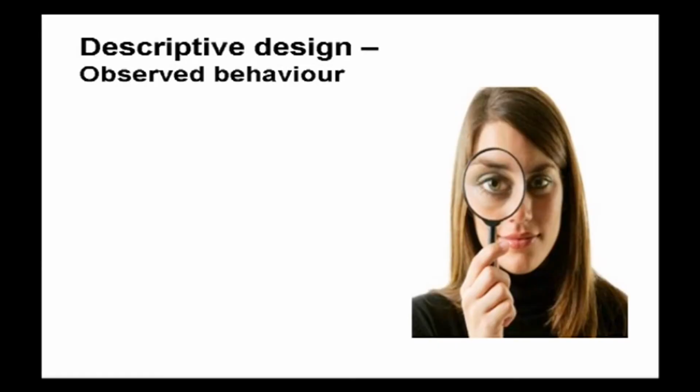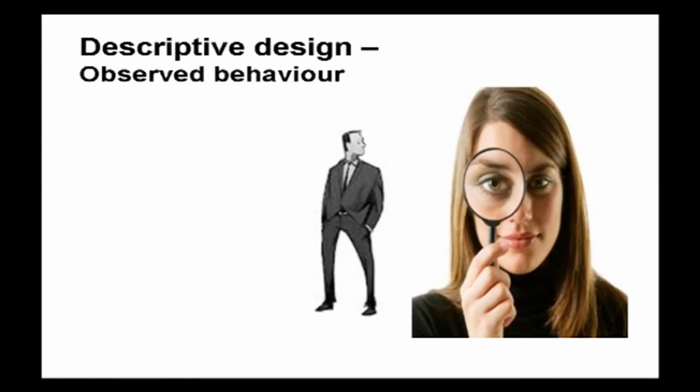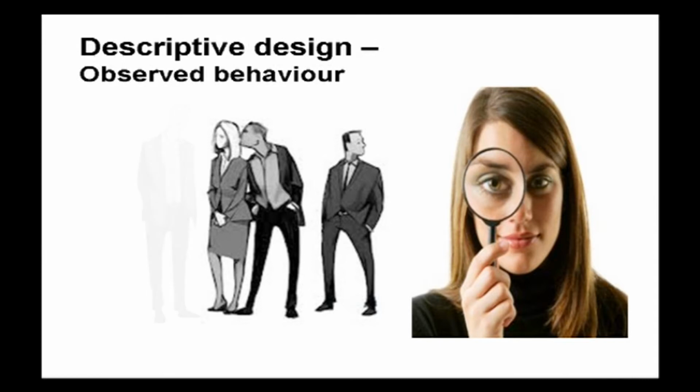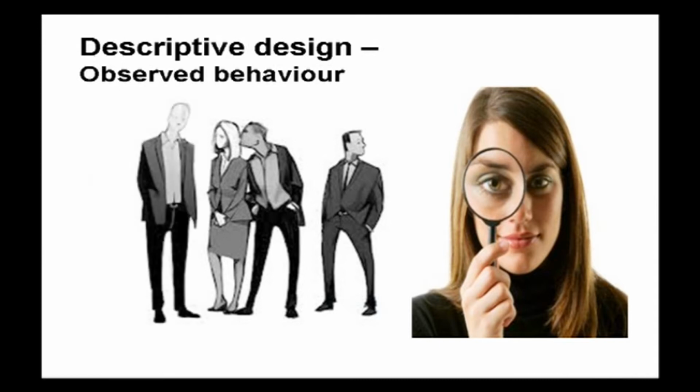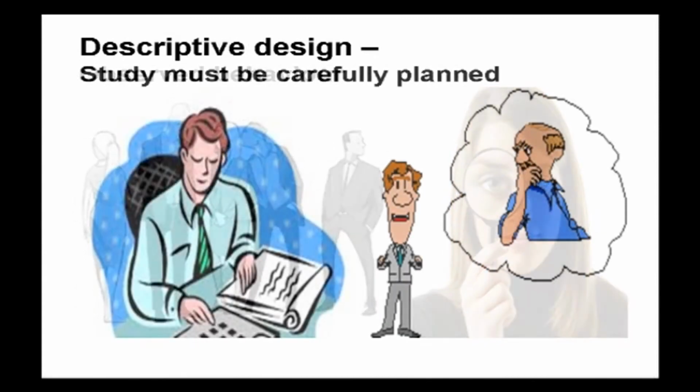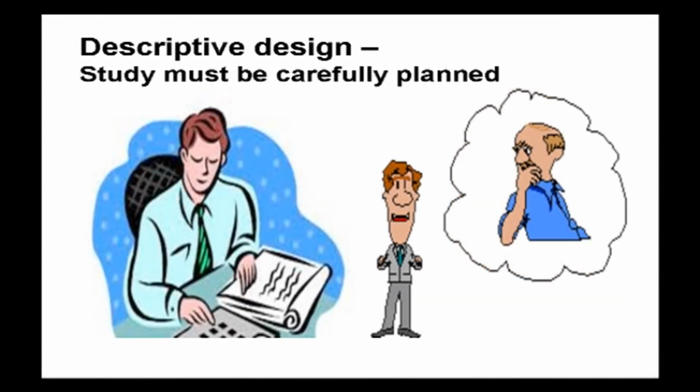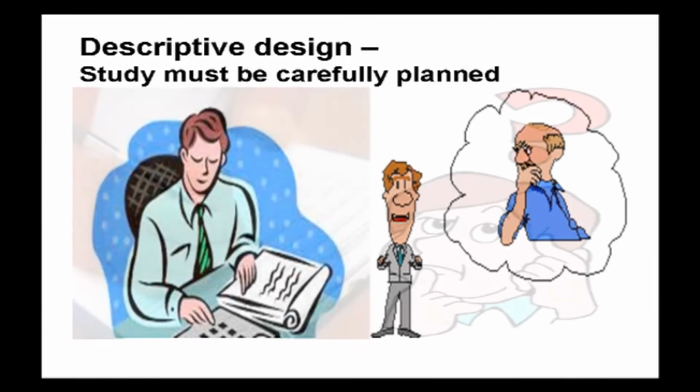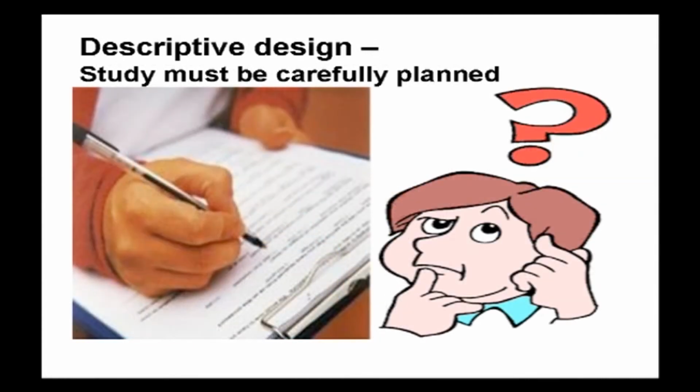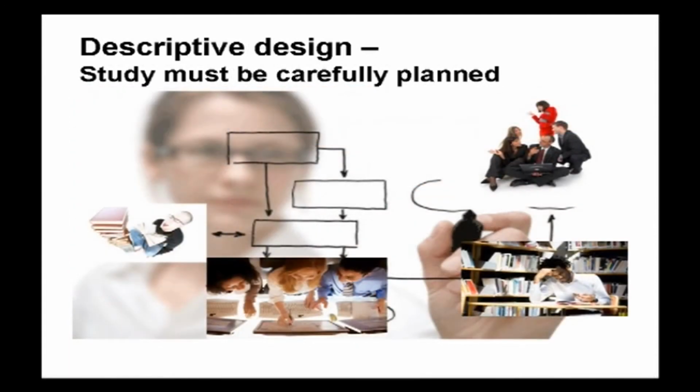The methodology involved in this design is mostly qualitative in nature, producing descriptive data on observed behavior. The procedures to be used in a descriptive study must be carefully planned because the very aim of the research is to obtain accurate and complete information.